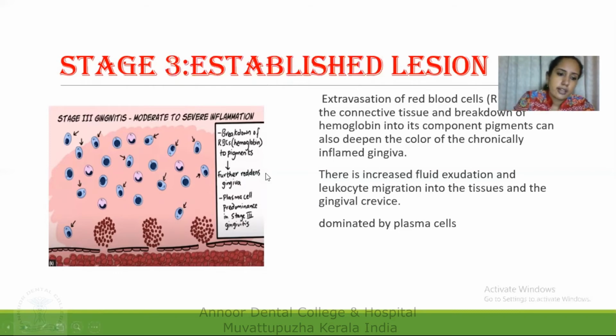This stage is predominantly dominated by the plasma cell. Clinically, in this stage, the gingiva is edematous and either deep red or bluish red in color, and the bluish hue is due to the sluggish blood flow.